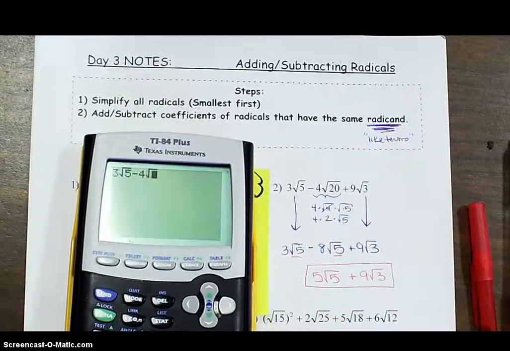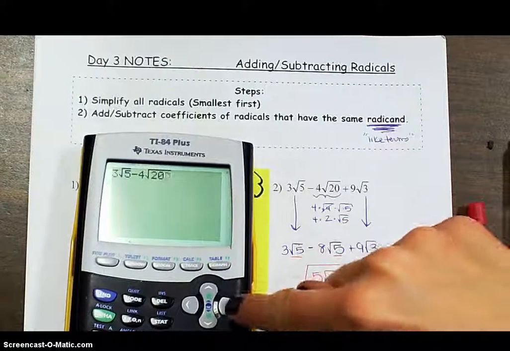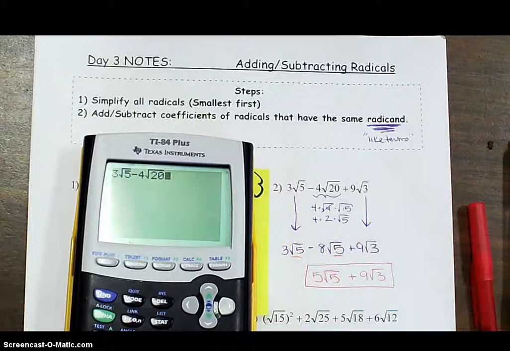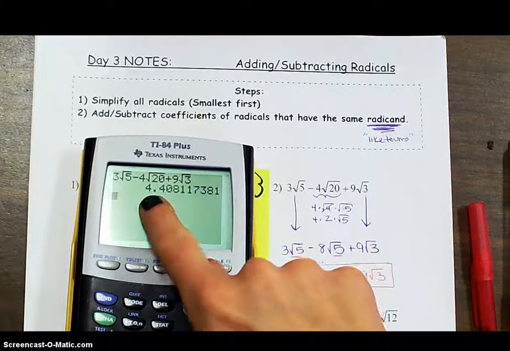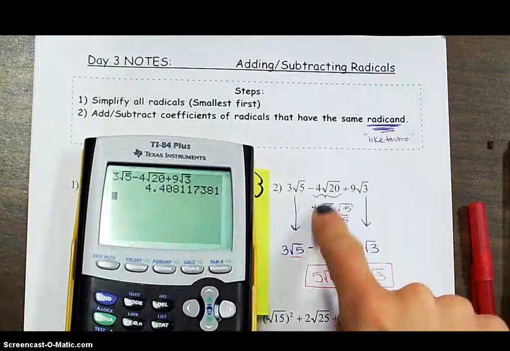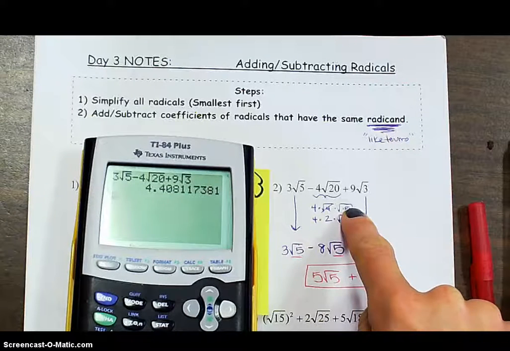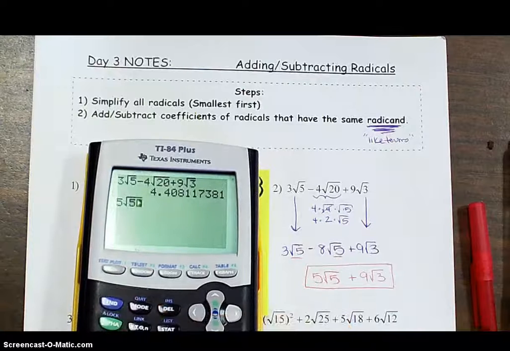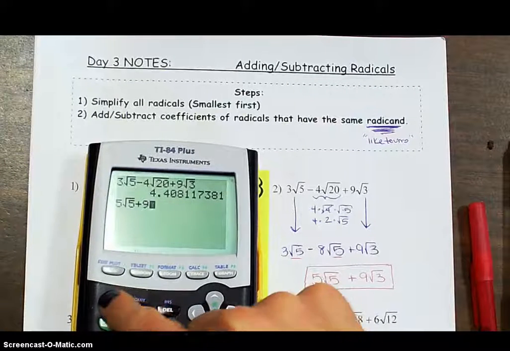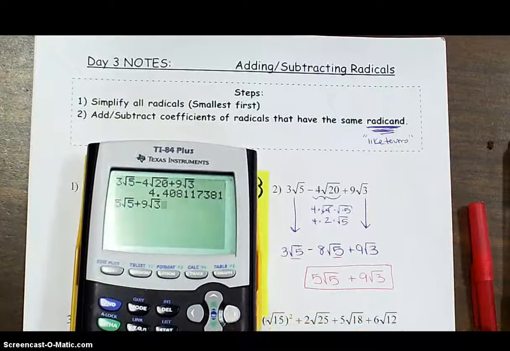Minus 4 radical 20. Use my over arrow, and then plus 9 radical 3, and then we hit enter. So this is the irrational number that this expression is equivalent to. Now let's try our solution. 5 radical 5 over plus 9 radical 3, and then we hit enter.